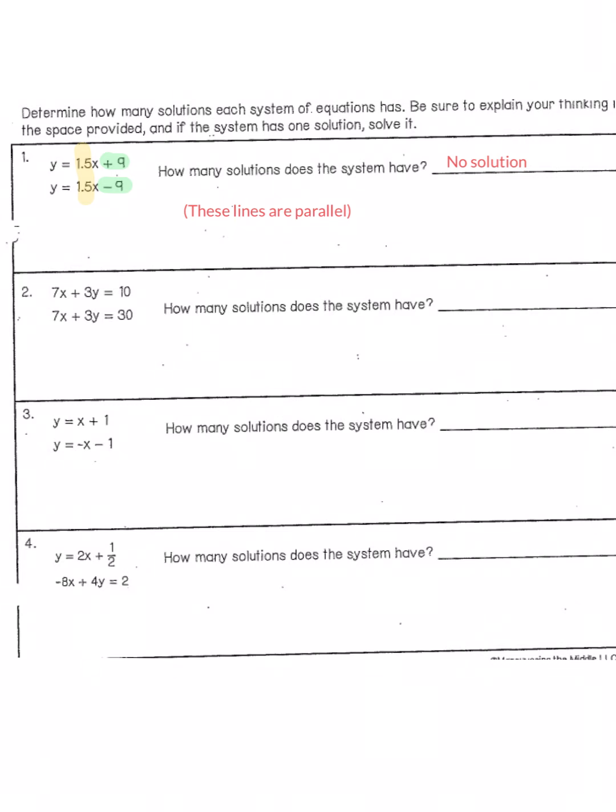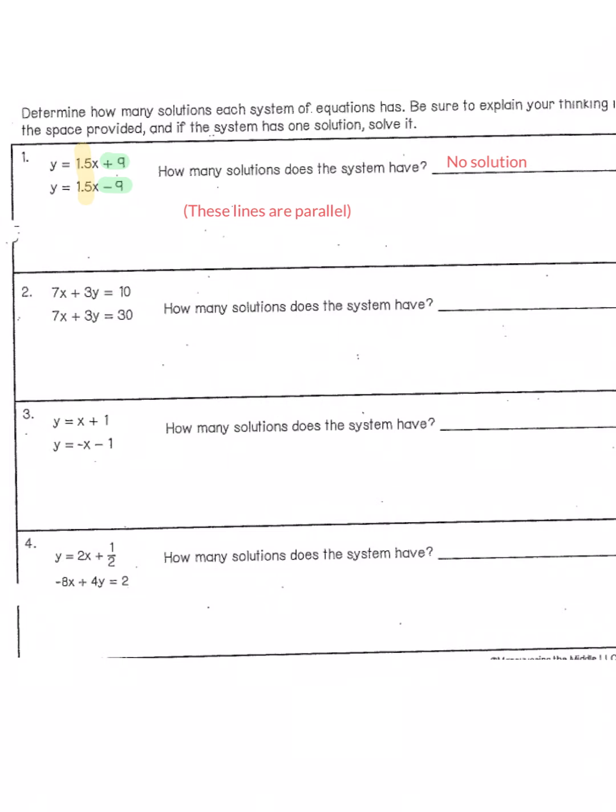Now, number 2. These equations are not written in the form y equals mx plus b, so we can't see the slope and the y-intercept. But I noticed that the x's are lined up, the y's are lined up, and the numbers are lined up along with the equal sign. So I'm going to try to eliminate one of the variables.